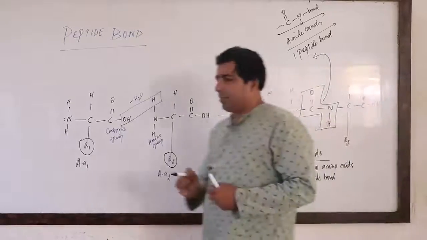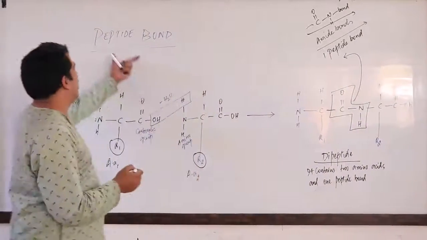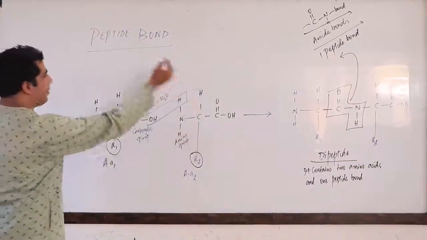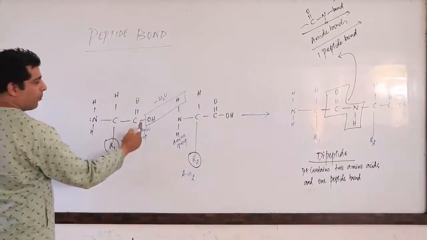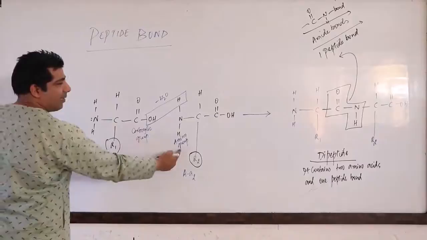Correct? So now let us write down the definition of peptide bond. You have understood this thing, my dear friends? So the peptide bond is formed between the carboxylic group of 1 amino acid with the amino group of another amino acid.